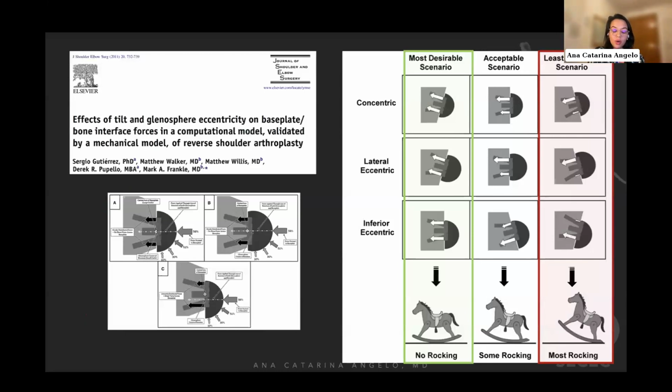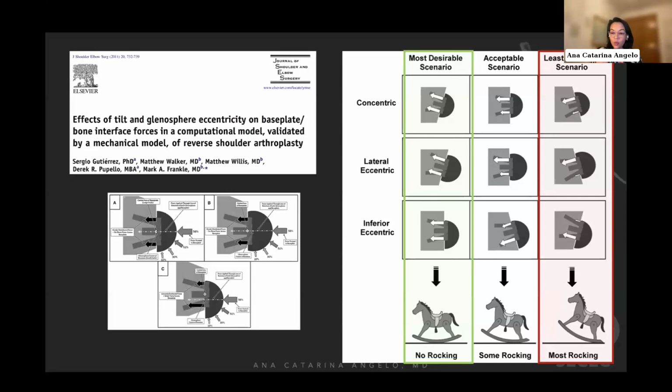And what we also know, and this is a very interesting study, I advise you to read it carefully. It actually changed my perspective over the glenoid implant and the glenoid part of the reverse: the way you position your reverse has to be very well planned according to the type of reverse glenoid that you're planning to implant.